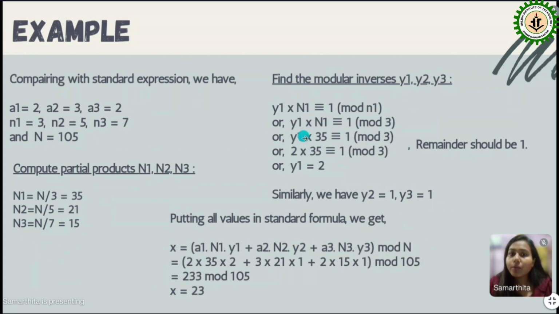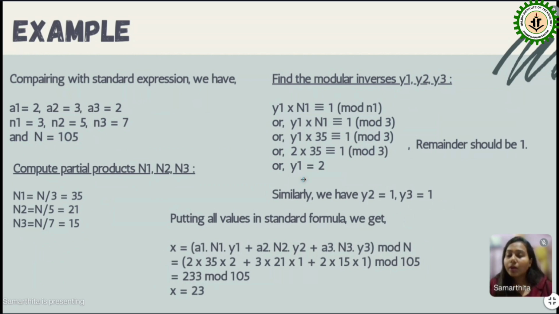When we put y1 equals 1, that means 1 into 35 congruent to 1 mod 3; when we divide 35 by 3, we get the remainder 2, so the condition is not satisfied.